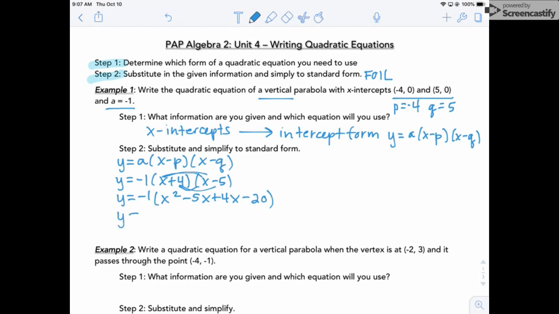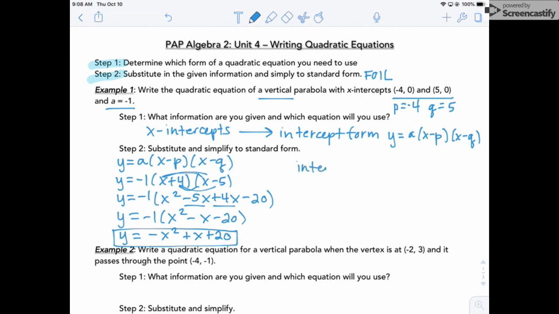Simplify. y equals -1 times (x squared, you can combine your -5x and your 4x to just be -x, minus 20). And last but not least, we are going to distribute this -1 to each term in the parentheses. So we get y equals -x squared plus x plus 20. Everything is going to change sign. So this is our answer. We have successfully converted to standard form.